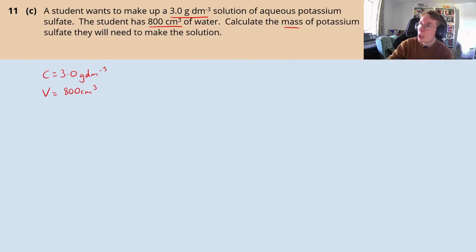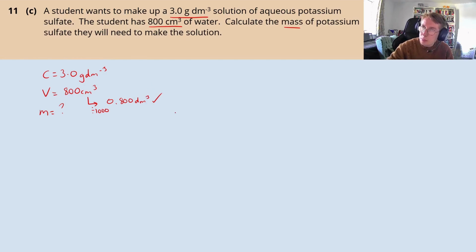If we want to know the mass this time, that is what we want to calculate. First, you'll notice our volume once again is in centimeters cubed, so we want to convert that straight away to decimeters cubed by dividing it by 1,000. If you do that, you get 0.800 decimeters cubed. If you've done that, you can have a mark.